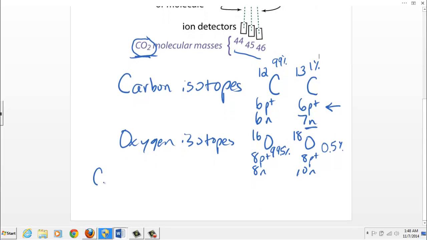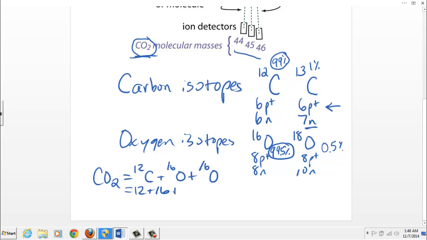Well, in CO2 there's 1 carbon 12 and 2 oxygen 16 isotopes, which is most likely since most of the oxygen atoms are going to weigh 16, and most of the carbon is going to be isotope 12. Well, 12 plus 16 plus 16 is 44.